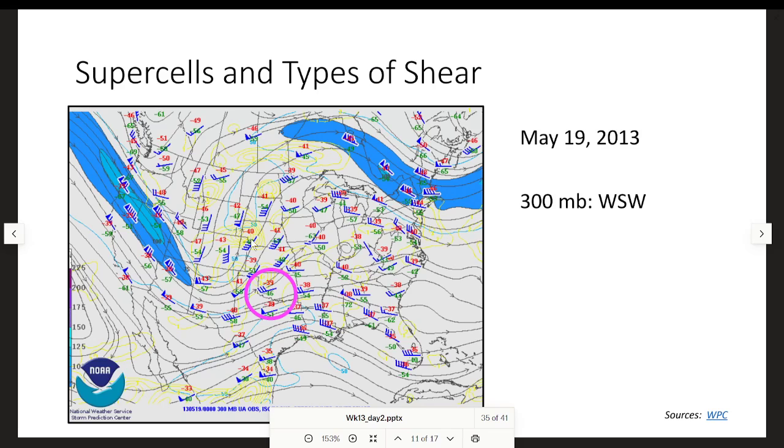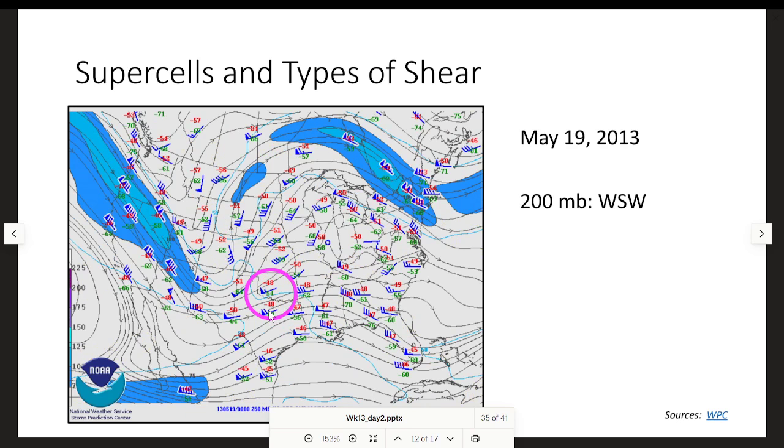Then at 300 millibars, the flow is almost westerly. It's west-southwesterly. The wind speed is only at 30 knots, so it's not really even that fast. It's mostly just directional shear, so this is good for individual isolated supercell formation.